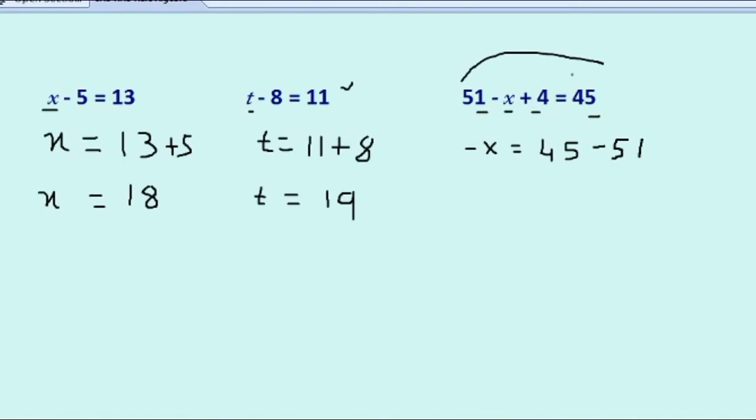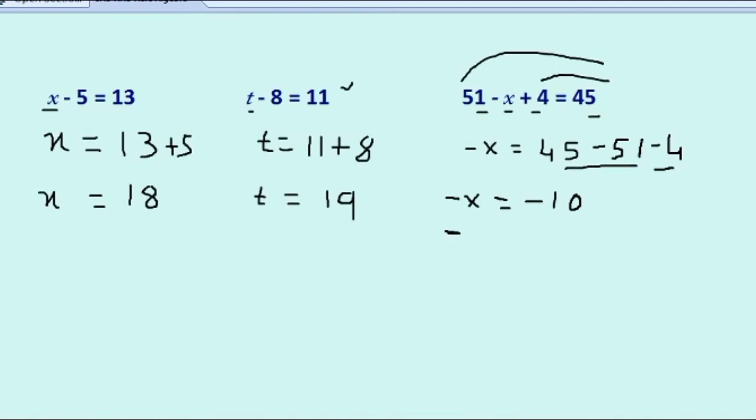Then plus 4 when moved to the RHS will become minus 4. So minus x equals, let's simplify this. 45 minus 51 is minus 6. Minus 6 minus 4 is minus 10.